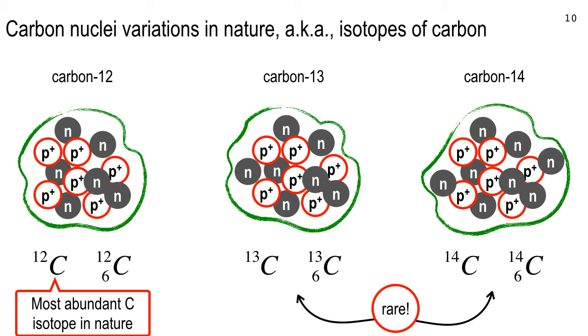It's not hellaciously rare, but it's definitely a very, very small proportion of the carbon in the universe. So that's why that number is 12.011. And so what the number in the periodic table really tells you is the average in nature.